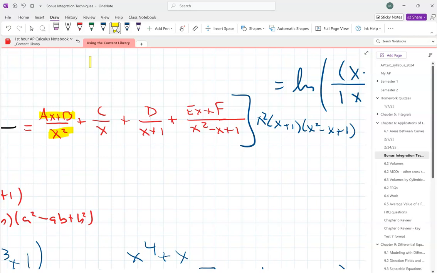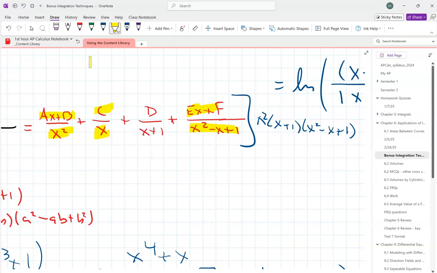Because it's over a degree 2 term. This is over a degree 1 term, so it can only be degree 0, can't have an x on it, right? This guy is a degree 2, so its numerator can be degree 1 or degree 0. You know what I'm saying?